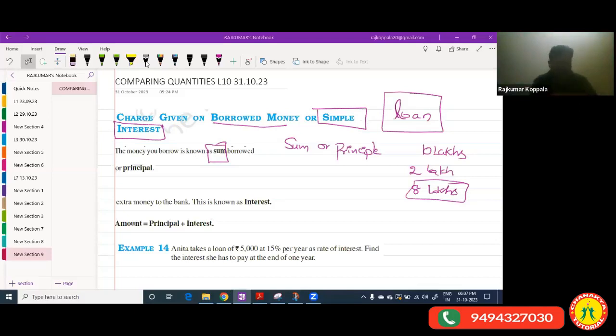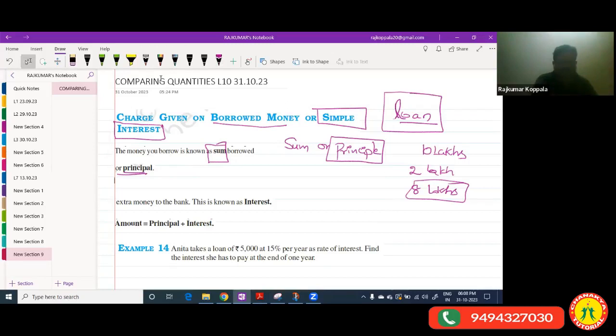If you take any amount as a borrow, as a loan, that amount is called principal amount. So why will they give the amount to us? Simply they will not give, right? They will expect some extra money from us. Whatever amount they give, for that amount they will expect some extra money.